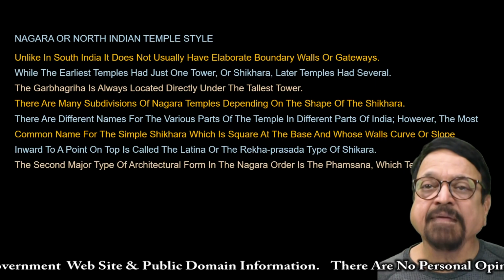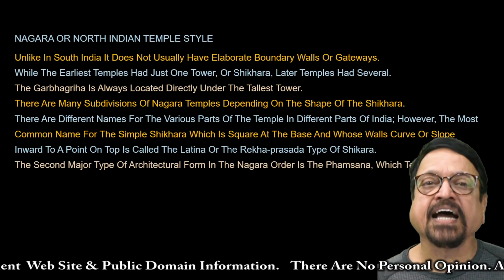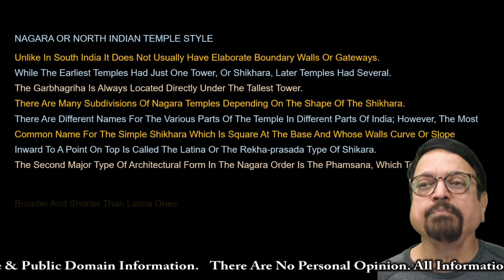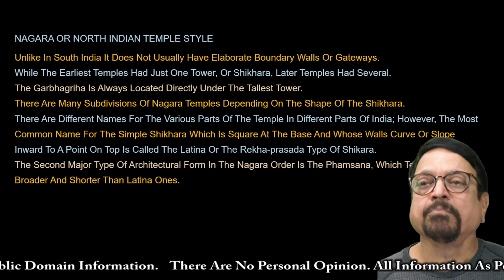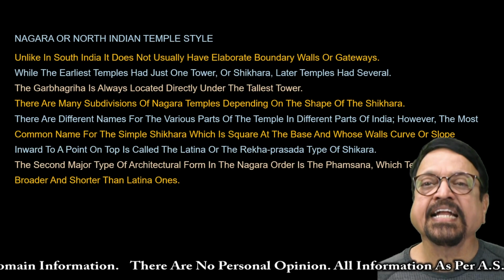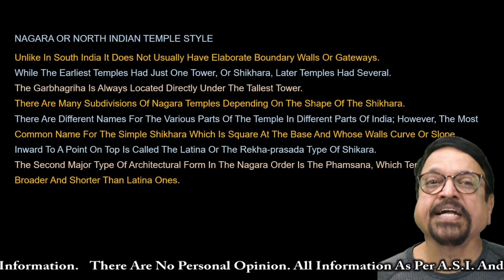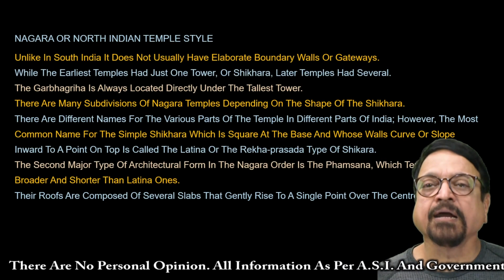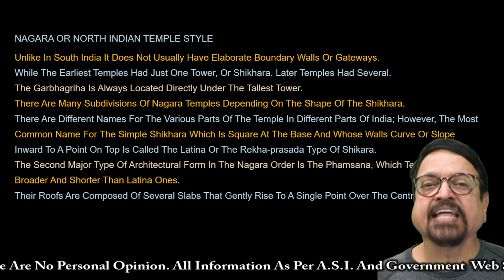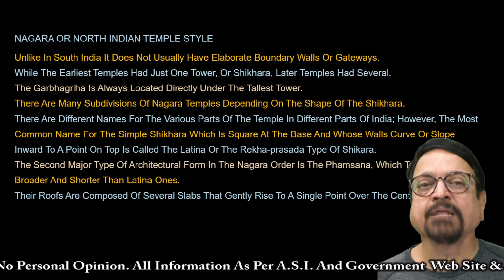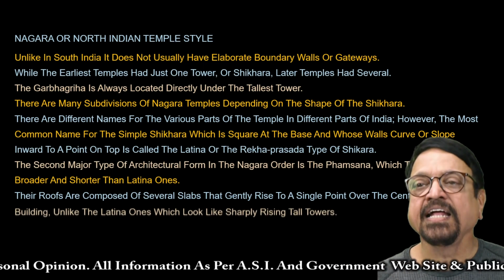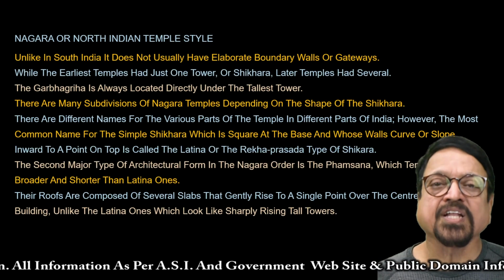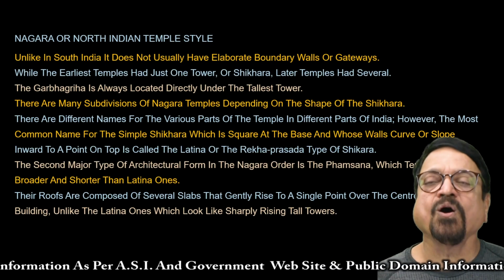The second major type of architectural form in the Nagara order is the Phamsana, which tends to be broader and shorter than the Latina, which we described just now. Their roofs are composed of several slabs that gently rise to a single point over the center of the building, unlike the Latina ones, which look like sharply rising tall towers.